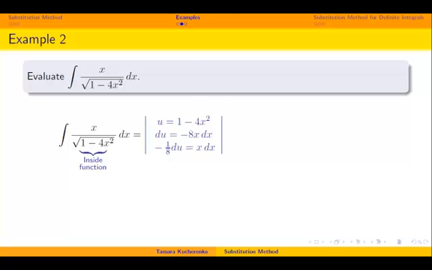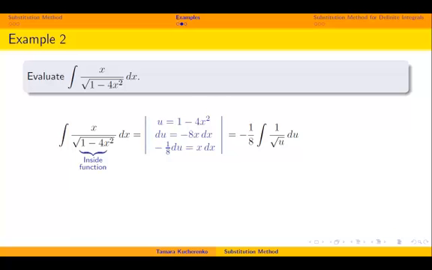We cannot multiply or divide by a variable. We carry out the substitution and obtain negative 1/8 integral of 1 over square root of u du.